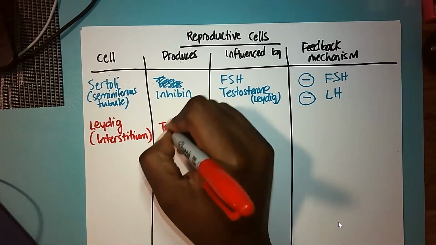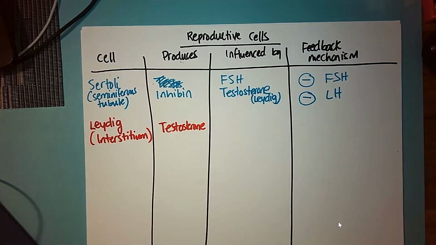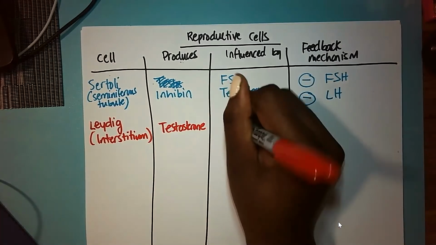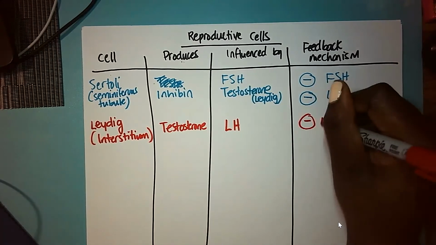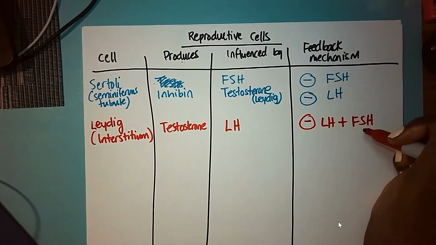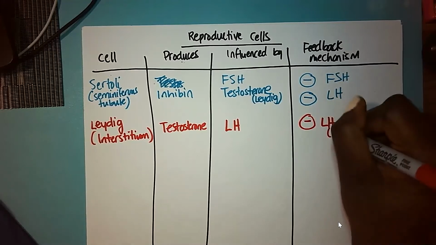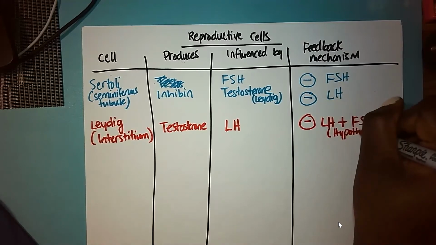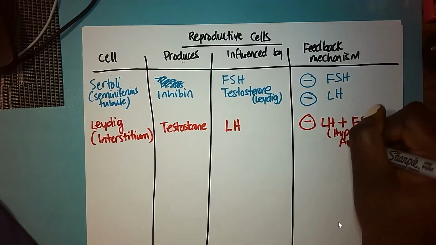This produces testosterone, the Leydig cell. It's going to be influenced by LH, and it is going to have a negative feedback, again, onto both of these hormones, LH plus FSH. So remember, the testosterone negative feedback is going to be not only in the hypothalamus, as well as the anterior pituitary.